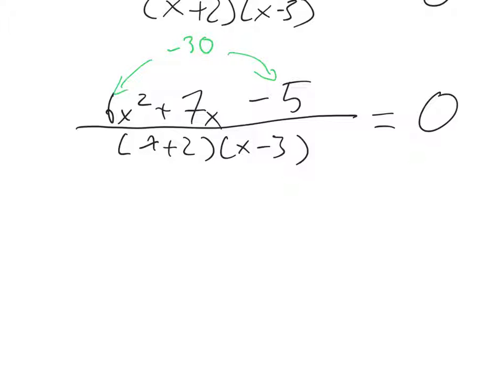So since we get negative 30 as our answer, we have to look at, okay, what are numbers that multiply to get negative 30, but when you add them together, you get 7, right? And that 7 just comes from here. So we want to multiply to negative 30, but add up to be 7.